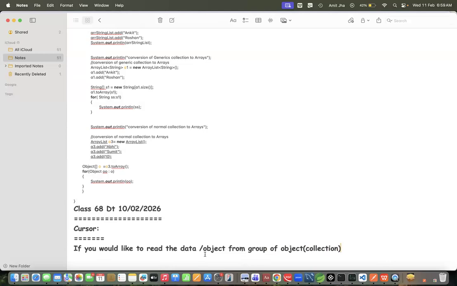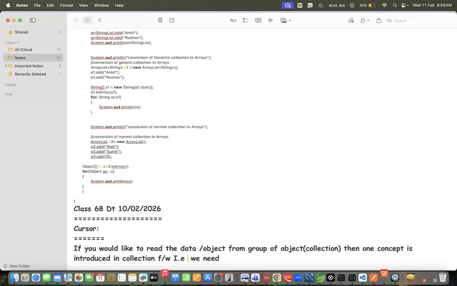If you would like to read an object from a group of objects, meaning a collection, then one concept is introduced in the collection framework.